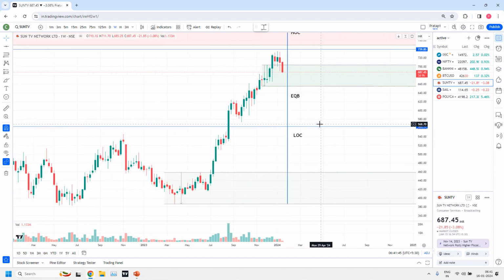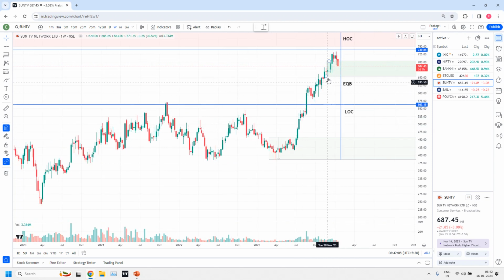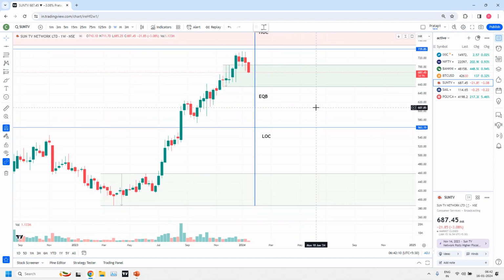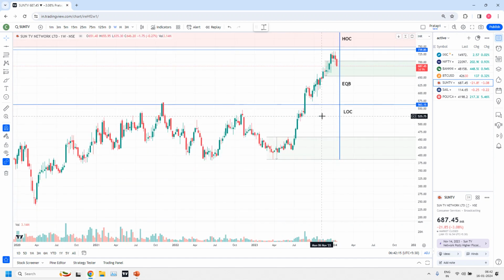What about location? Location is also in our favor, but remember we already learned: when the primary price direction is from monthly demand zone to monthly supply zone and the trend is an uptrend, especially the ITF trend, even though we are taking HTF as supportive, but the ITF trend is an uptrend, in that scenario we need not bother about the location.